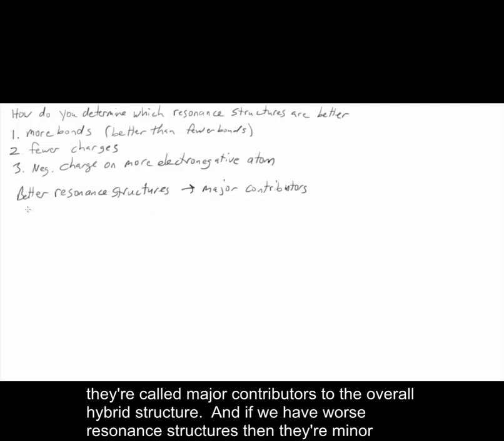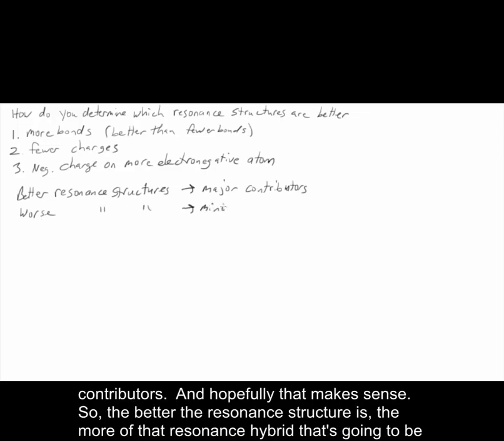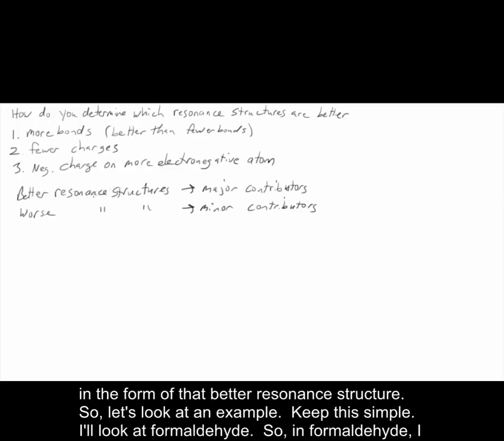And if we have worse resonance structures, then they're minor contributors. Hopefully that makes sense. The better the resonance structure is, the more of that resonance hybrid is going to be in the form of that better resonance structure.